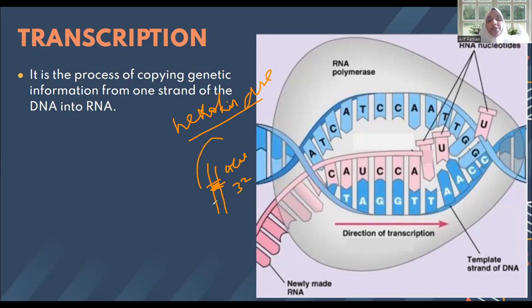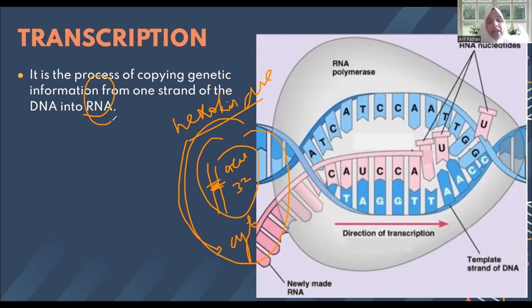So the information is present in the nucleus, and the enzyme making machinery, that is the ribosome and other factors, are present in the cytoplasm. So it has to be copied over here from the nucleus and transported to the cytoplasm. That work will be carried out by the mRNA, the RNA which will be formed.